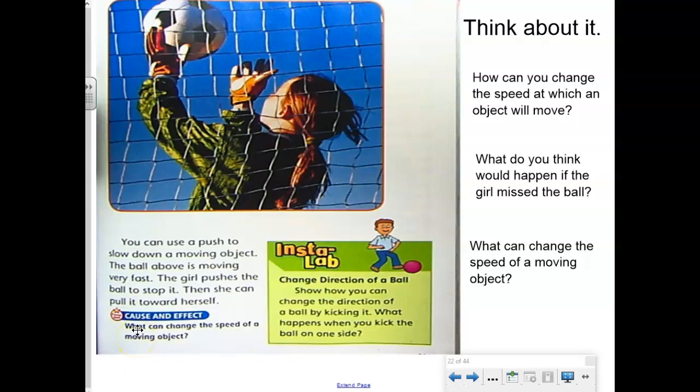All right, the ball's moving very fast. When she catches the ball, she pushes the ball to stop it. Then she gathers it and pulls it towards herself. And that's how she gets it to stop. How can you change the speed at which an object will move?